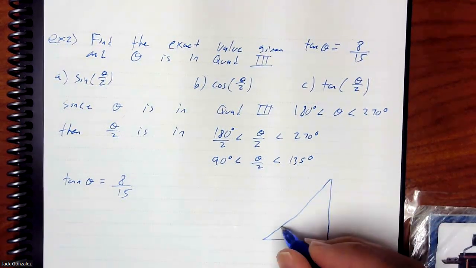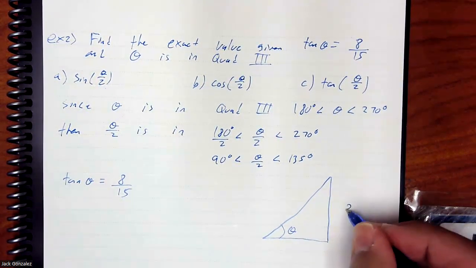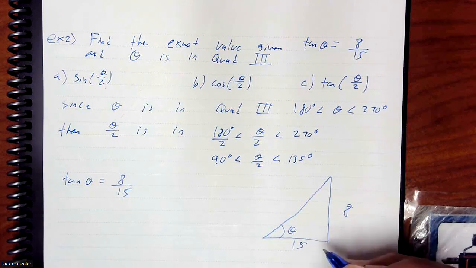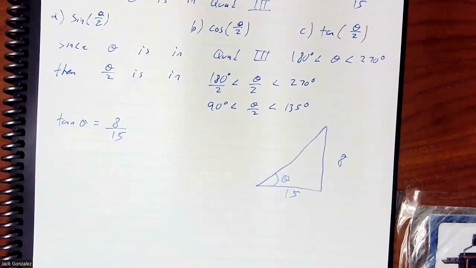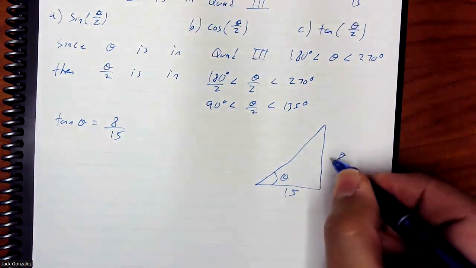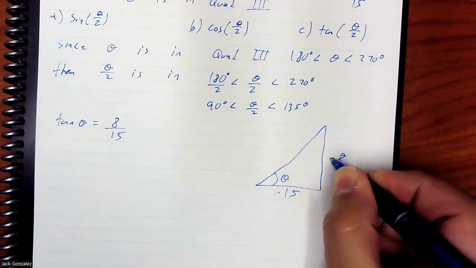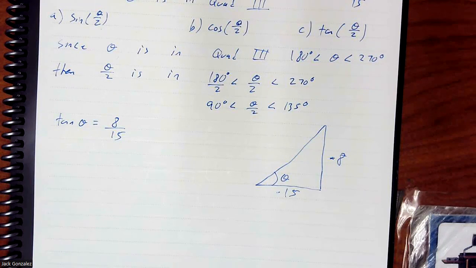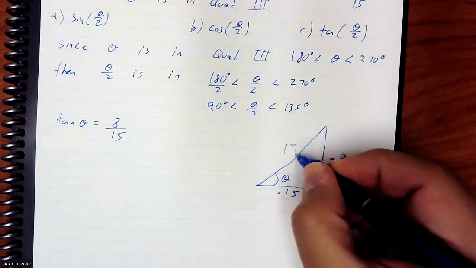That means that if I choose to put theta here, opposite and adjacent are here. They should both be positive, or I guess I should say, in quadrant 3, are they both negative or positive? Yeah, they're both negative, right? You divide them, it becomes positive. So this is actually minus and minus. When you solve for the hypotenuse, you're going to get a 17 here.